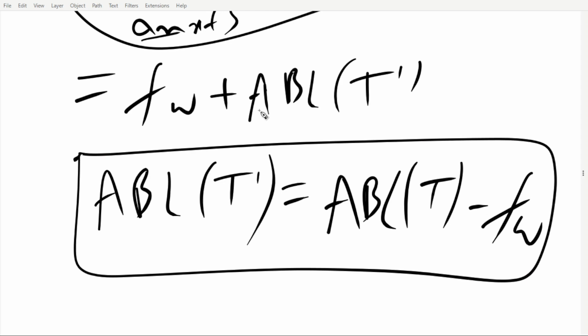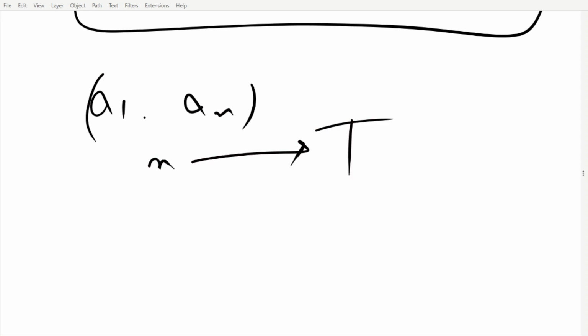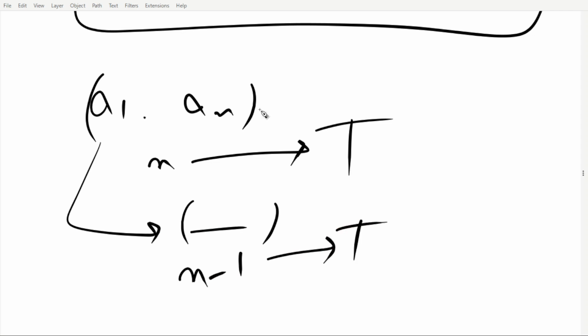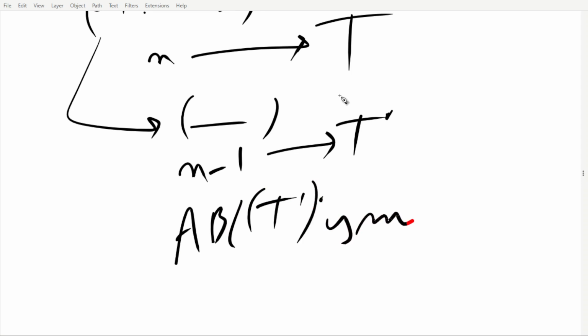So next we proceed for the proof. Once again, just remember, for the original instance a1 up to an of size n, our output is tree t, and the next step we have some instance of size n minus 1 and our tree is t prime, and by our induction hypothesis average bit length of t prime is minimum possible.